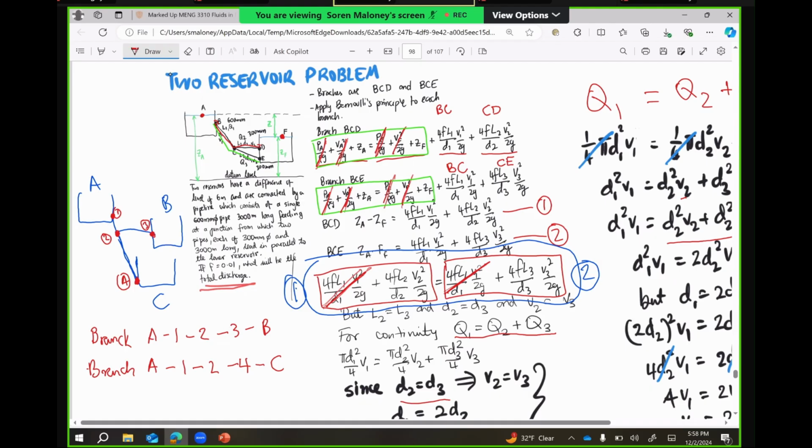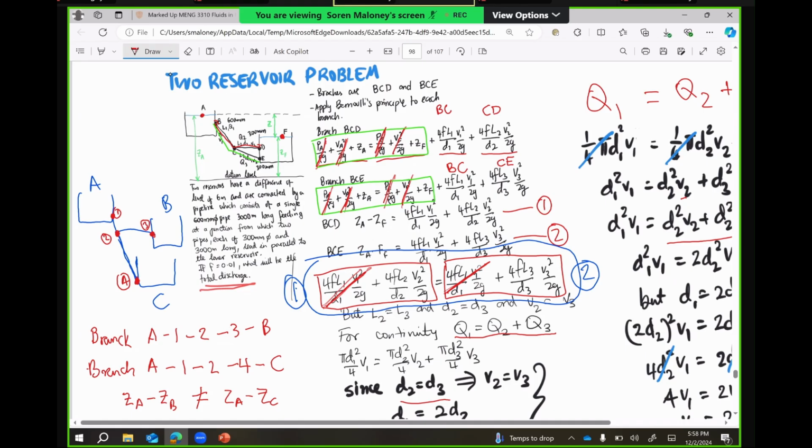So basically, your ZA minus ZB is not going to be equal to your ZA minus ZC, right? Because these two branches are not parallel. Your head is not the same, because they're going between two different reservoirs.